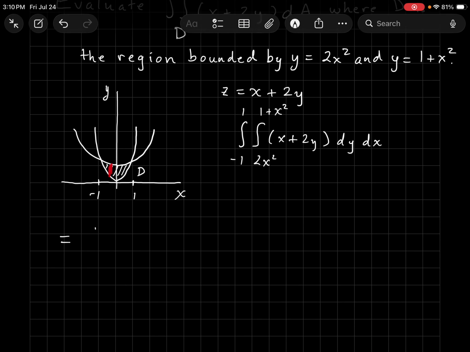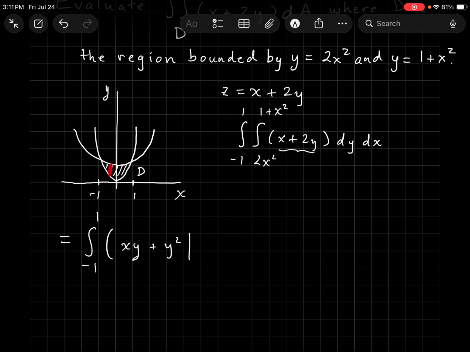So now we have our limits, and we can integrate, just like we've been doing before. We're going to leave the outer integral alone, and then we're going to integrate this part with respect to y. So x with respect to y is xy, because x is treated as a constant. And then plus the integral of 2y is y squared.